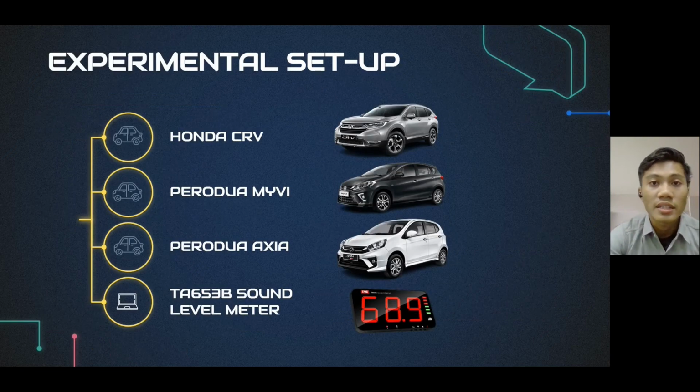For the experimental setup, I choose three types of car model, which are Honda CR-V, Perodua Myvi, and Perodua Axia. And the device used for this data collection is the TA653B sound level meter.